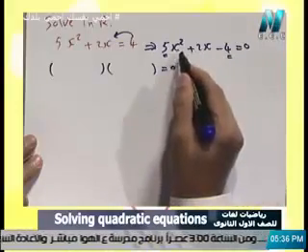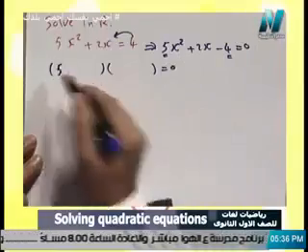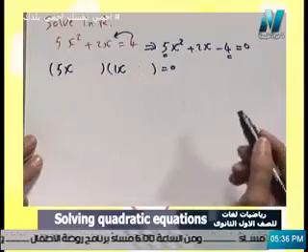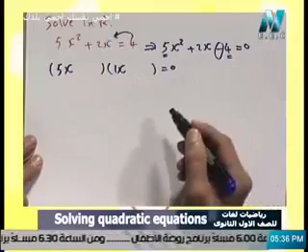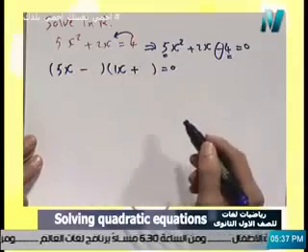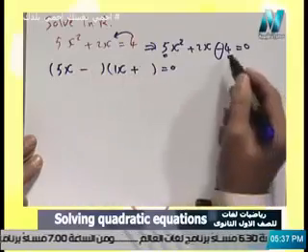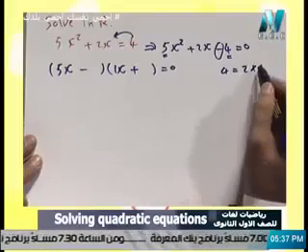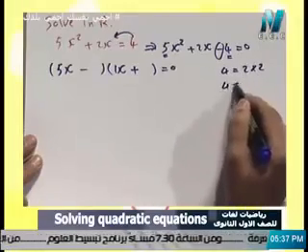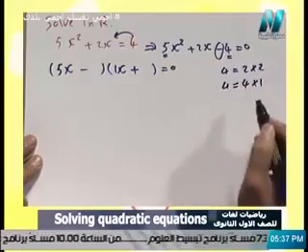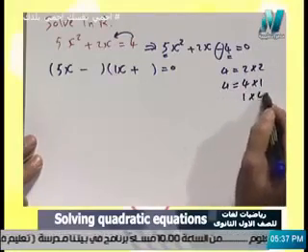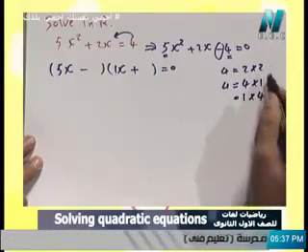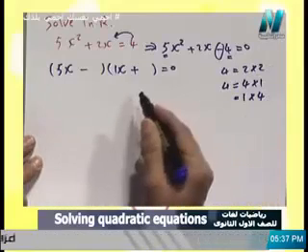To factorize 5x power 2, it will be 5 and 1. X power 2 will be x and x. We have here negative, so it is negative multiplied by positive or vice versa. 4 equals either 2 multiplied by 2, or 4 multiplied by 1, or even 1 multiplied by 4. Okay? These are the three methods to find this equation.